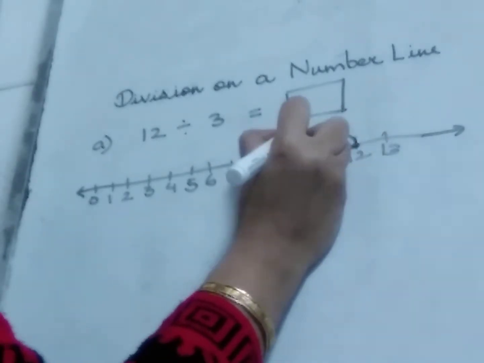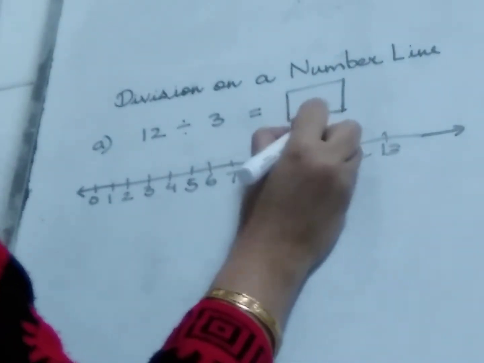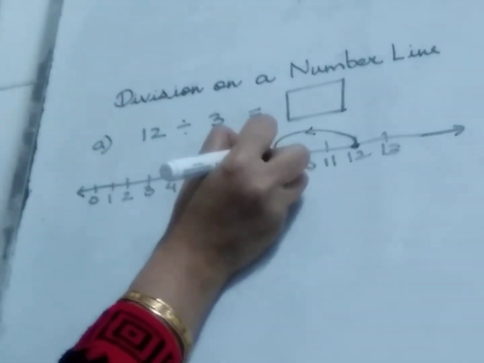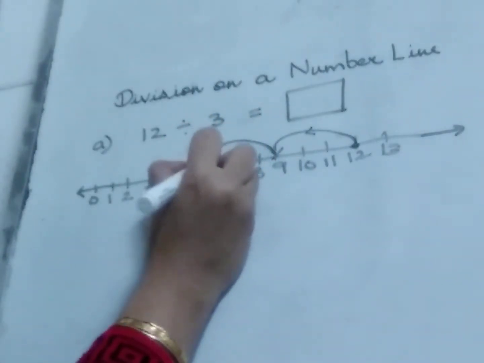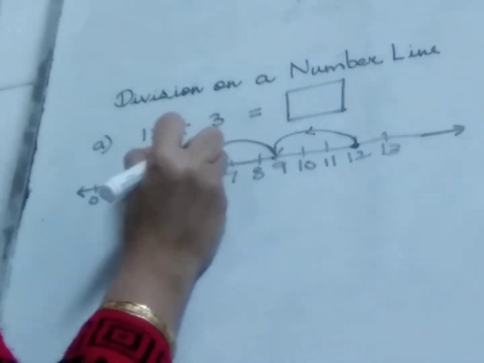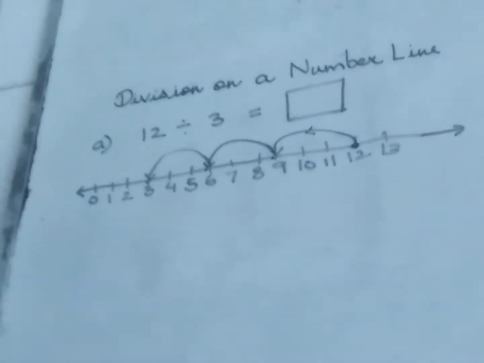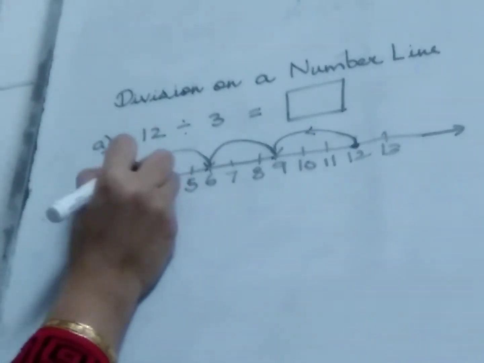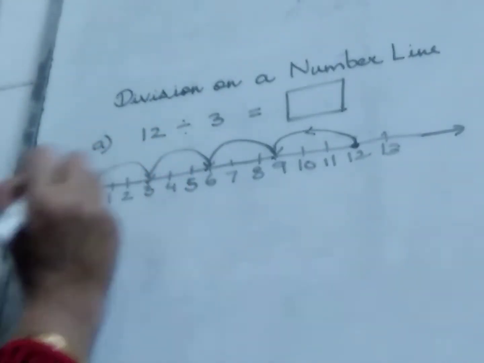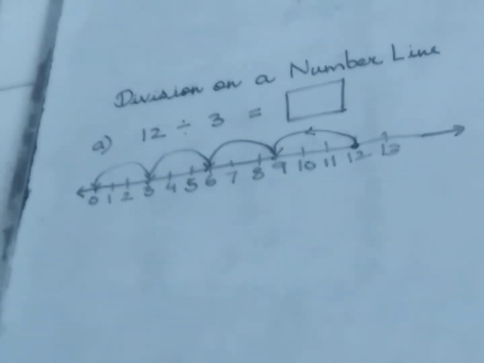So 12 to 9, this is your first step. 9 to 6, this is your second step. 6 to 3, this is your third step. And 3 to 0, this is your fourth step. So how many times did you jump to reach 0?